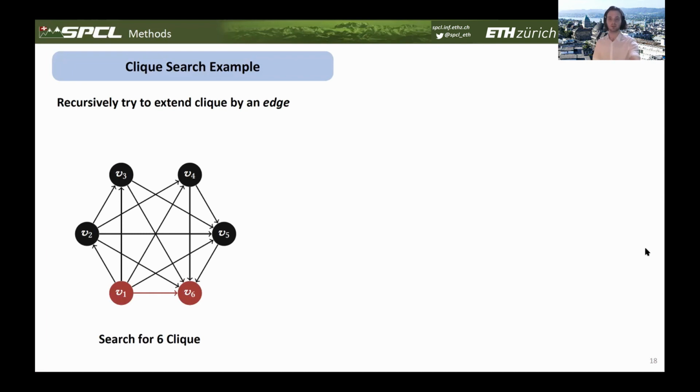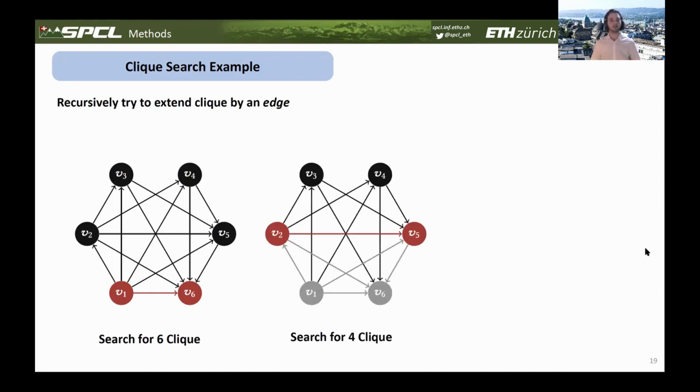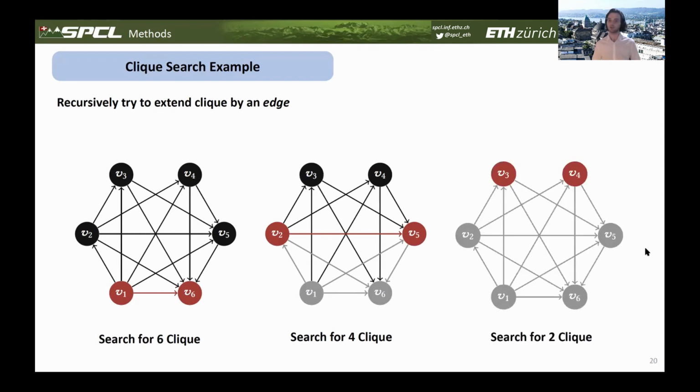In the example, these are the vertices V2, V3, V4, and V5. Then we continue, we pick the edge V2, V5, and we recurse on the next subgraph. Here in the base case, we see that there is no edge between V3 and V4, and hence we fail to find a sixth clique because there is no sixth clique.